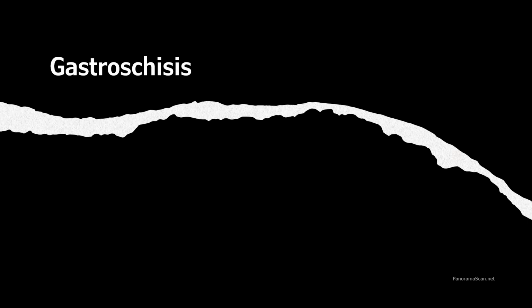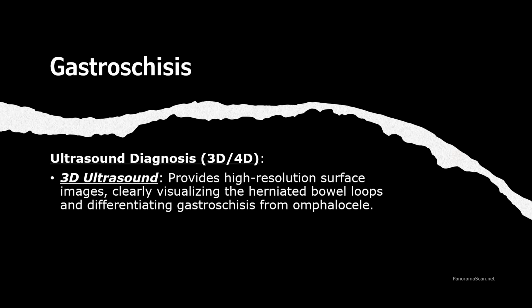When diagnosing gastroschisis, ultrasound imaging plays a crucial role in distinguishing it from other abdominal wall defects, such as omphalocele. Using 3D ultrasound, we can obtain high resolution surface images that can vividly highlight the herniated bowel loops.